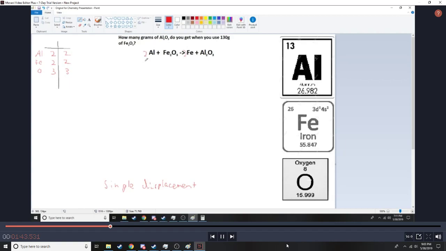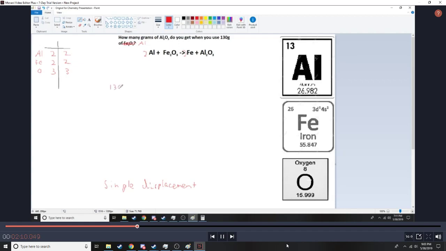Next up, we need to figure out how many grams of Al2O3 we get, and this is going to help us out. However, we're not going to use Fe2O3. Cross that out. We're actually going to use aluminum instead. The first thing is we have to put down the grams of aluminum over 1.